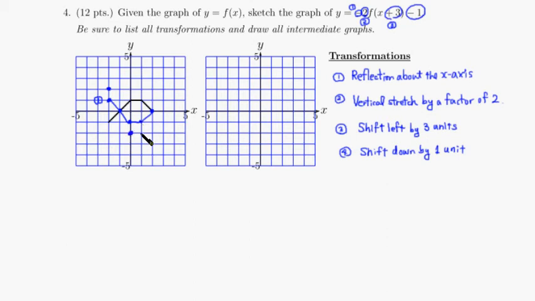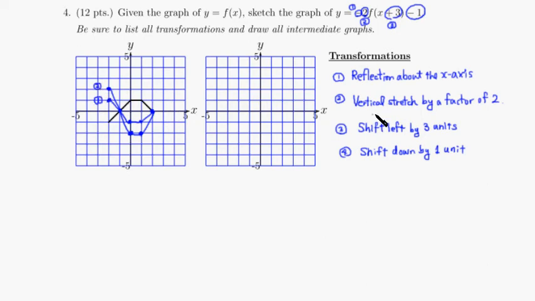Same for that one too. This guy is 0, so it stays there. After the second transformation, you get a graph which looks like this.